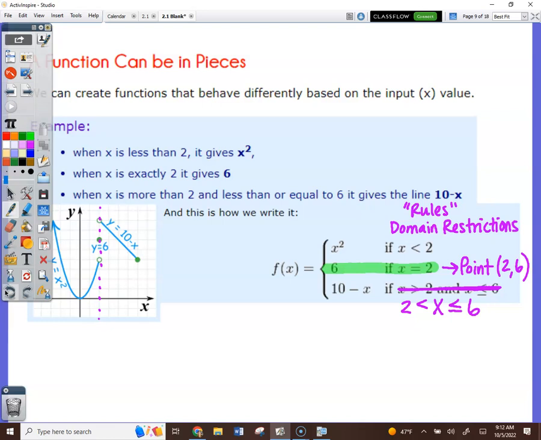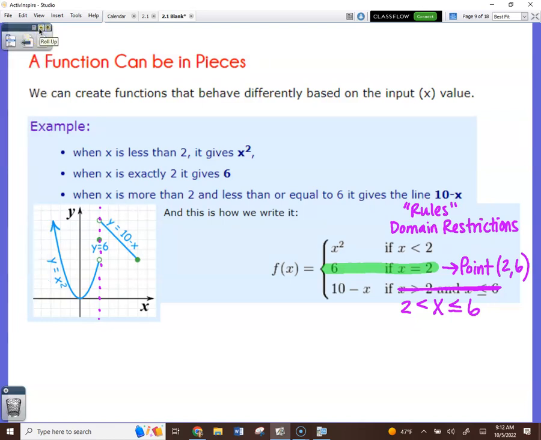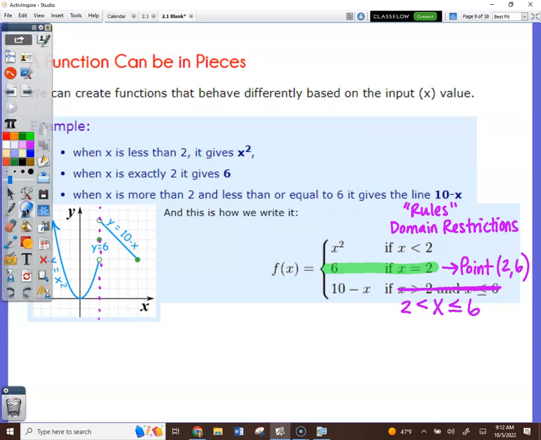Right here, with your graph, how many pieces are on this graph? There's 3. How many pieces are in the equation? 3. Look at the relationship to the domain restrictions, okay? The first equation says you can plug any number less than what? 2. This is where having a highlighter would really help with your graphs.